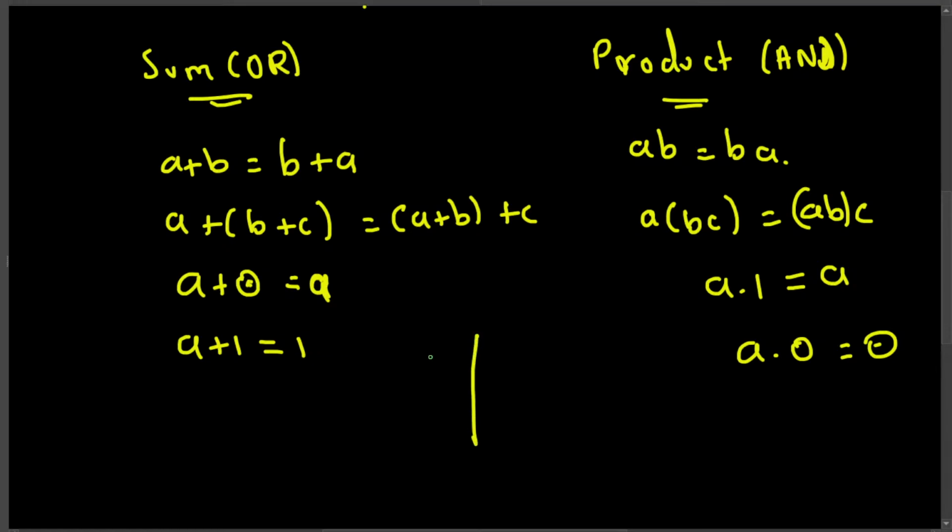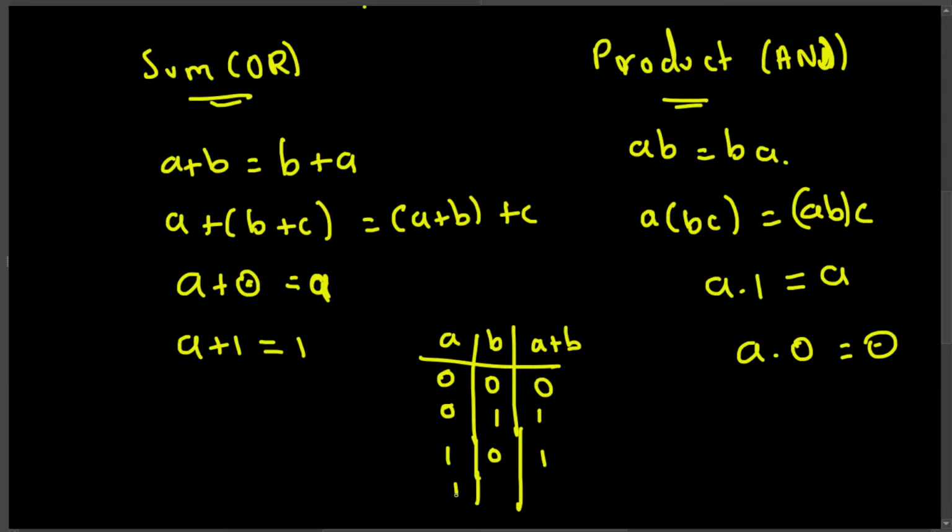It's coming from the OR. If you look at the OR truth table, with inputs A, B and output A plus B, if you have 0, 0, that is 0; 0, 1 is 1; 1, 0 is 1. And even if you have 1, 1, we still have 1. 1 plus 1 should give us 2, but it's still 1 because we are not actually adding; it's the truth table for the OR gate.